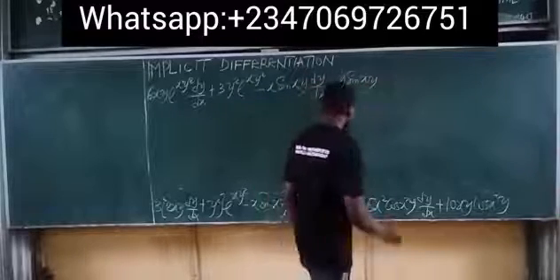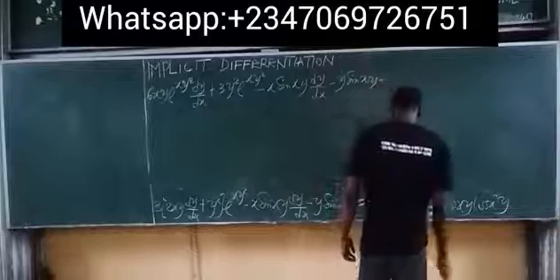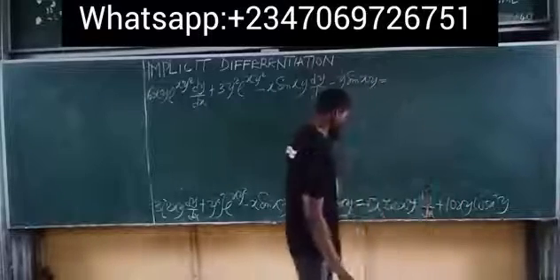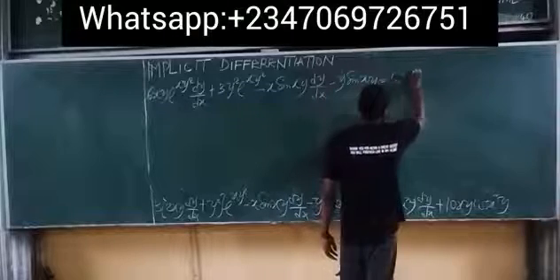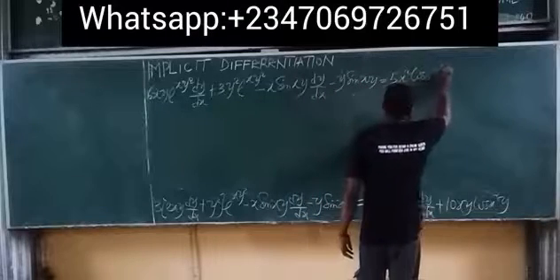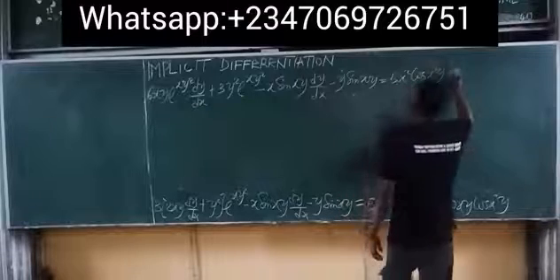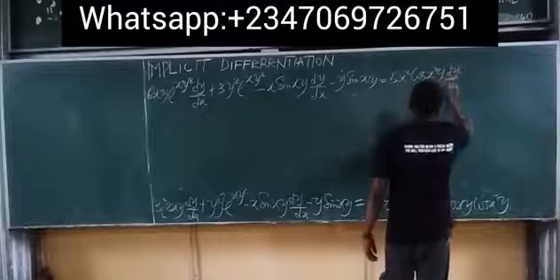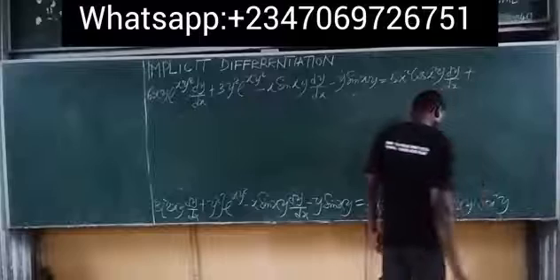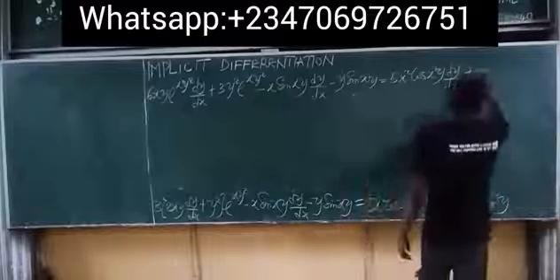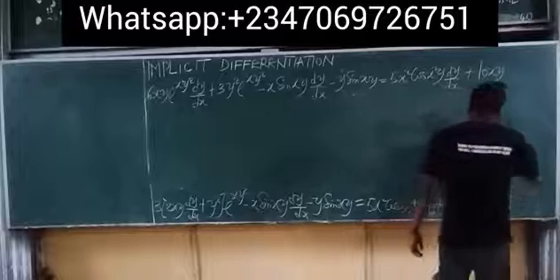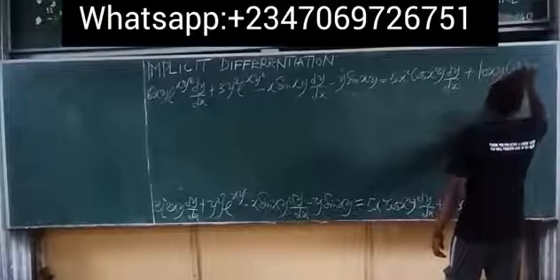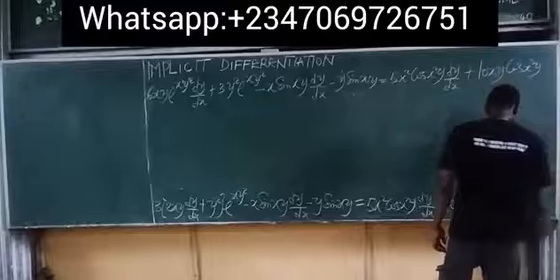okay, and that's equal to 5x squared cos x squared y dy dx, okay, plus 10xy cos x squared y, okay.